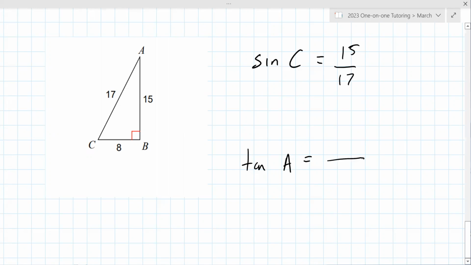How did you come up with that? It's opposite over adjacent. So here's A. What's opposite of A? What's the opposite of A? 8. Okay. And what's the adjacent to A? 15.